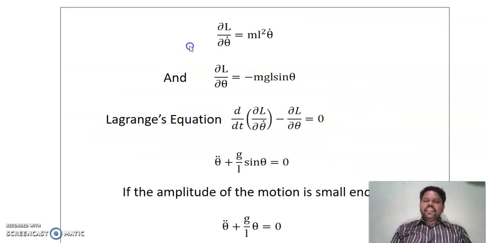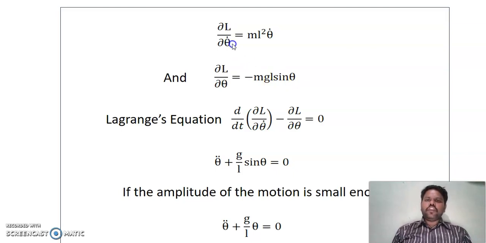On differentiating L with respect to theta dot, we obtain m L square theta dot. Similarly, differentiating L with respect to theta, we obtain minus mgl sine theta.